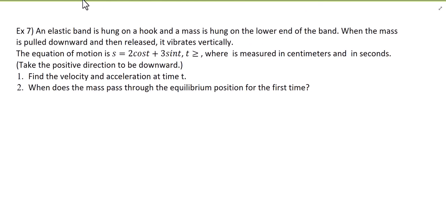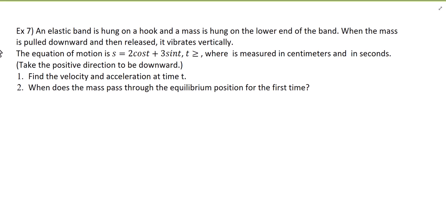Okay, now let's try some applications. So we have this example. An elastic band is hung on a hook and a mass is hung on the lower end of the band. When the mass is pulled downward and then released, it vibrates vertically. So imagine you have a rubber elastic band hanging down, and then you pull it downward and then you release it.